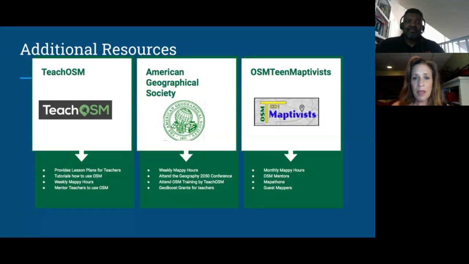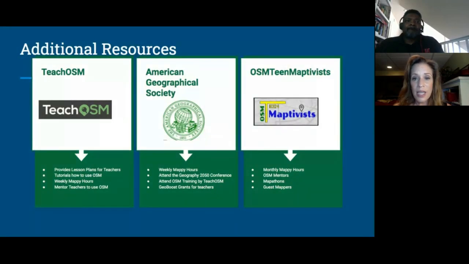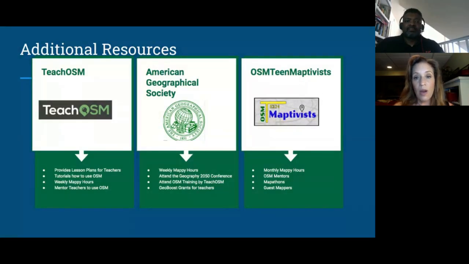The other thing is that the American Geographical Society has a teacher fellowship, and this is a great opportunity for teachers to apply, because that is where Greg and I learned more about OpenStreetMap.